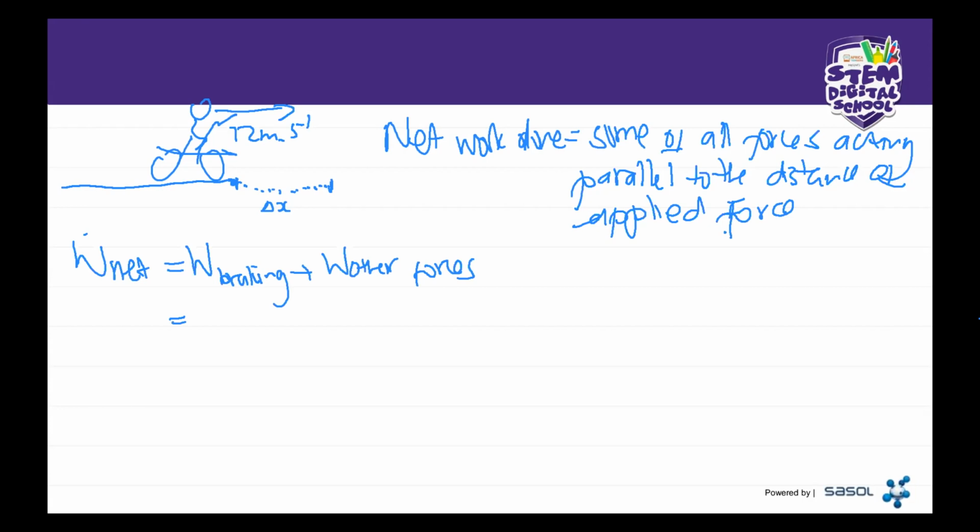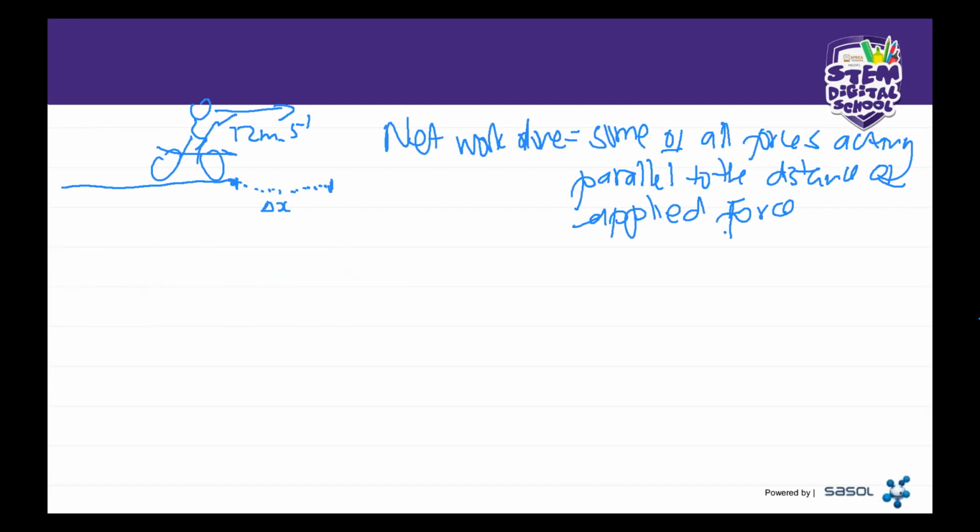So what is our work done for our braking force? We've got our net work, which is minus 57,600, and our work braking, this one we don't have. Plus the work done by other forces, we know that it's 0 because there are no other forces mentioned. So you can't just out of nowhere start creating your own forces. We only deal with what is given.